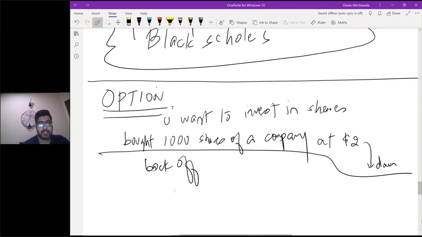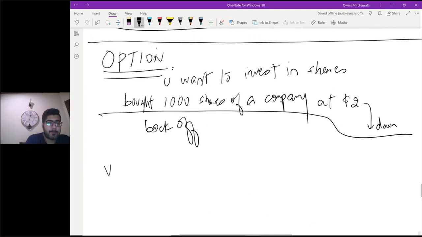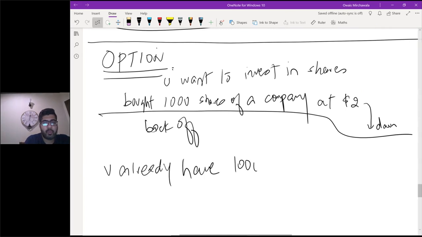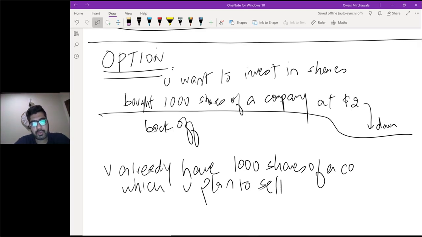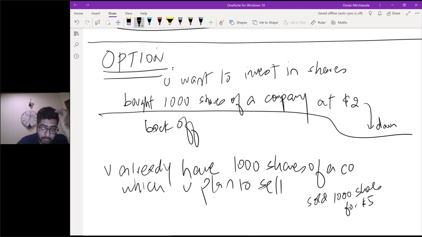Similarly, let's suppose you already have 1,000 shares of a company which you plan to sell. Now let's suppose you sold these 1,000 shares for $5.